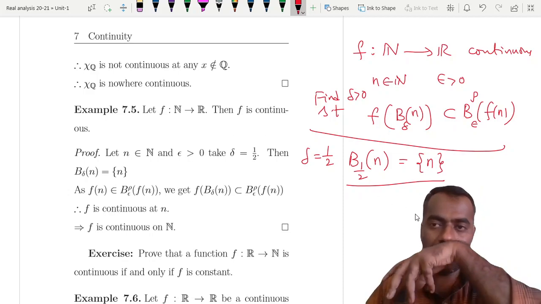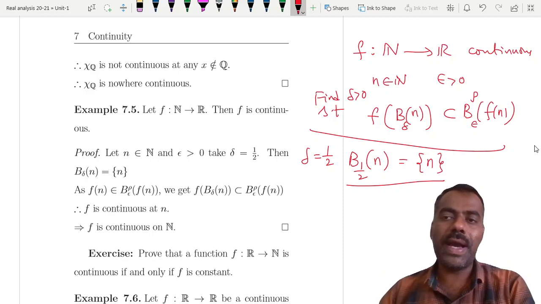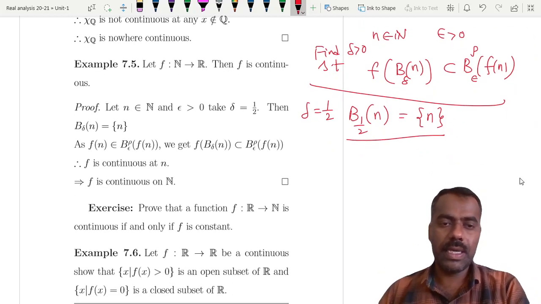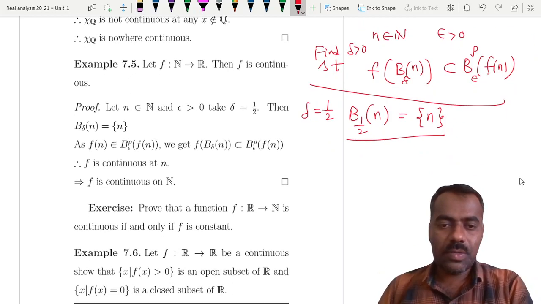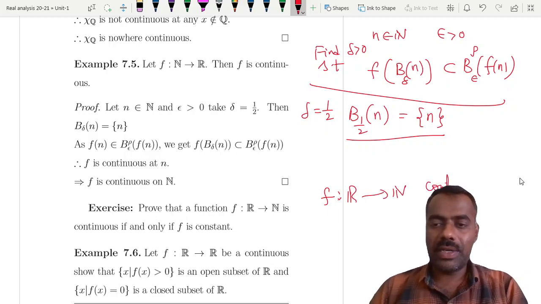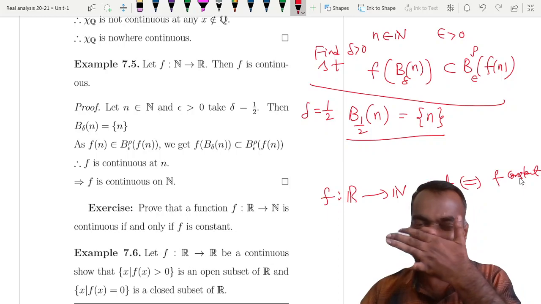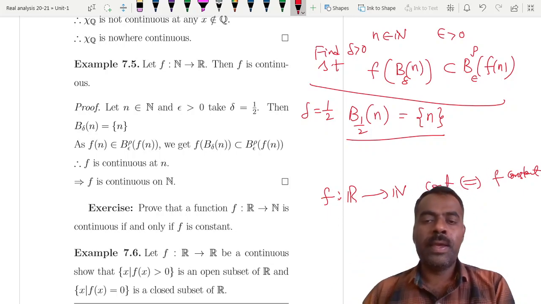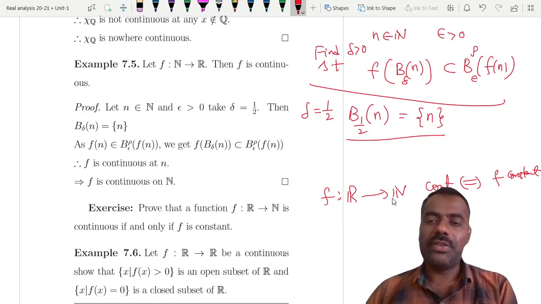So no matter what function it is, if it is defined on N to R, then it is always continuous. And as an exercise, prove that for a map from R to N, it is continuous if and only if that function is constant. That means if you take any non-constant function from R to N, then it is not a continuous function.